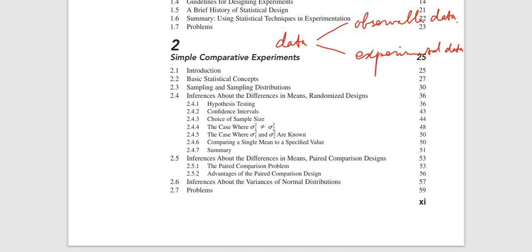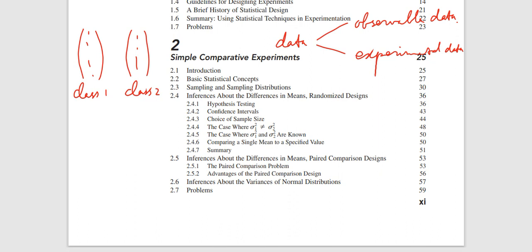For comparing two samples with observable data, we just compare, let's say, two classes, class 1 and class 2. But if we want to design, if the data is not observed, let's say we want to compare two medicines, then we should assign the two medicines to different people.